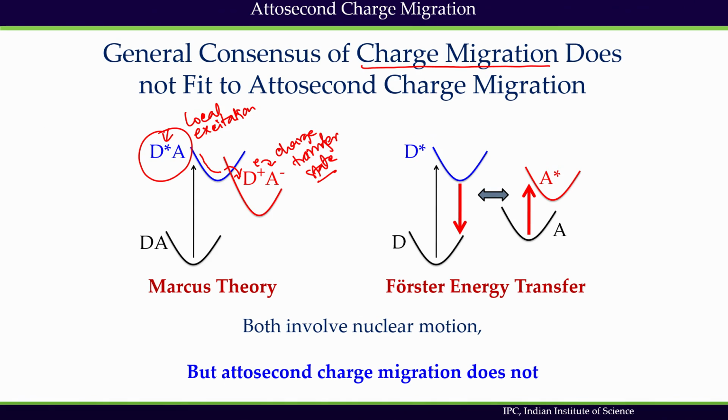It is not an attosecond electron density change. This kind of change can only happen when the electron is slowed down from its intrinsic time scale to the nuclear motion. Why? It is because the system has to evolve on the potential energy surface, and the electron has to wait until the locally excited donor acceptor complex makes a decision to hop from the local excited state to the charge transfer state.